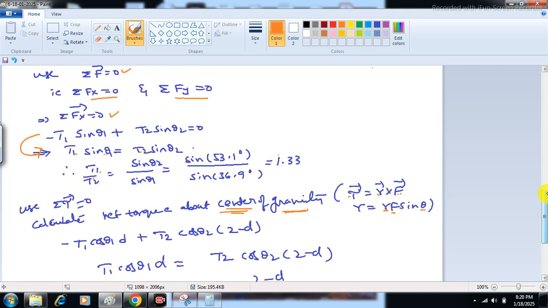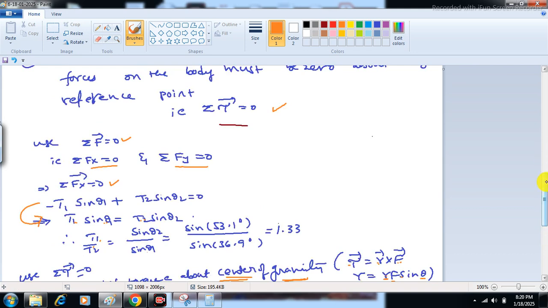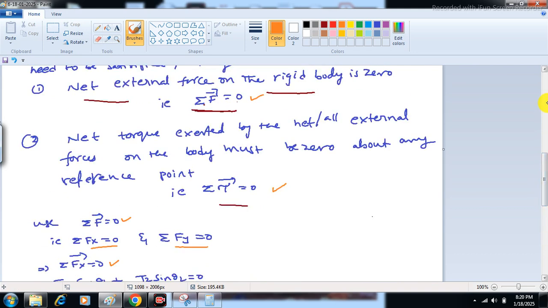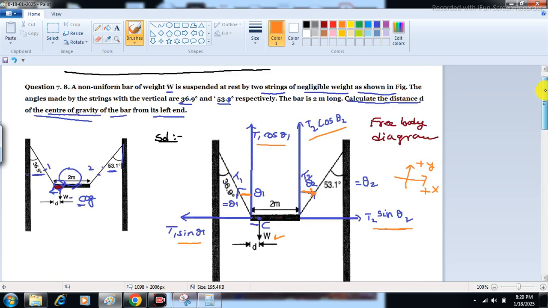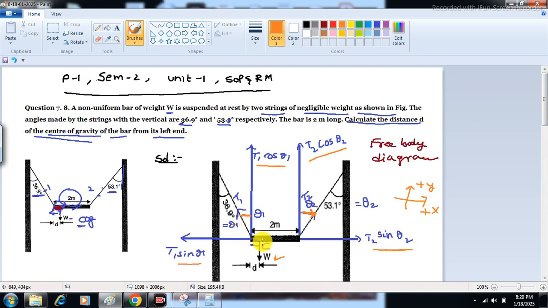There are three forces acting on the rod, that is its own weight, T1 and T2. Since we are taking center of gravity as a reference point, the torque due to this weight is 0, because lever arm r equal to 0 for this weight, because the line of action of force passes through the reference point.